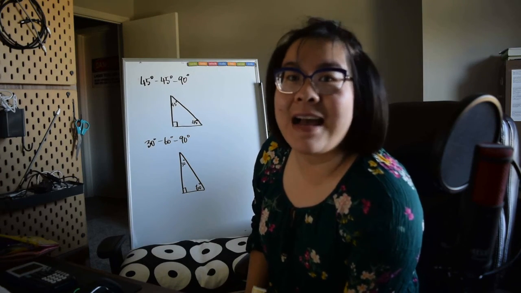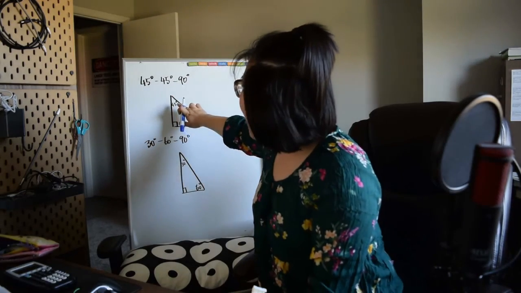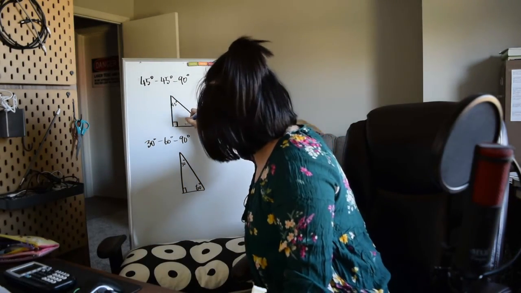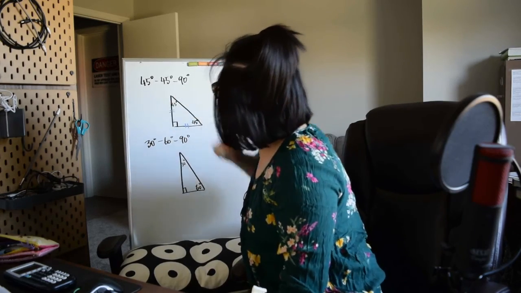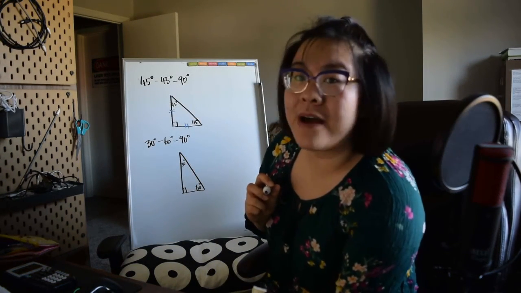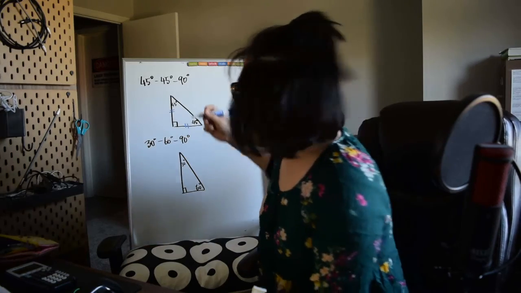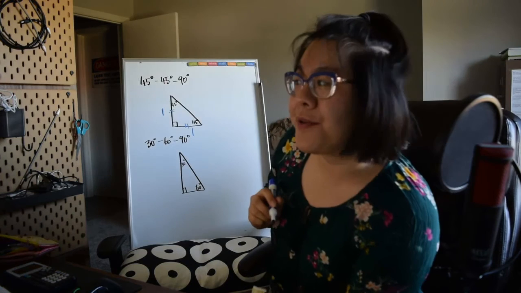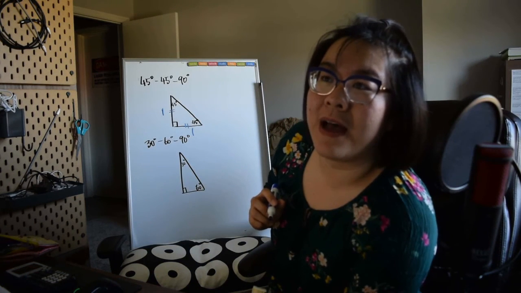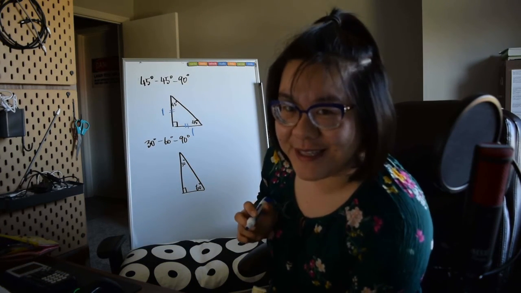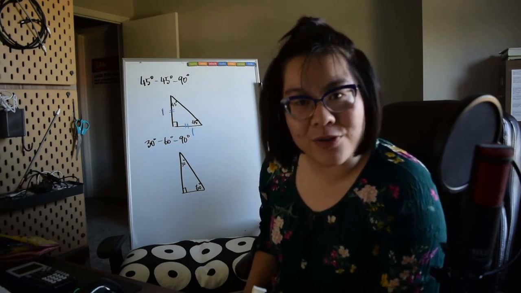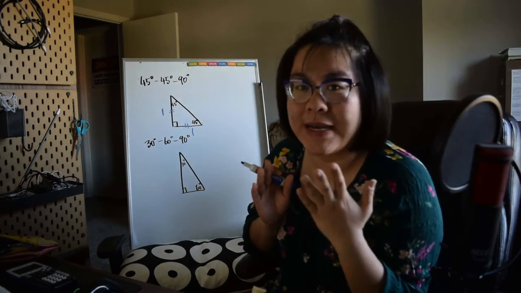Since it is an isosceles triangle, the sides opposite the congruent angles are congruent. So these two sides will be equal to each other. If we assume these two sides are 1, use the Pythagorean theorem, a squared plus b squared equals c squared, which I always tell students to think about as leg squared plus leg squared equals hypotenuse squared, so you won't confuse which one is a, b, c.